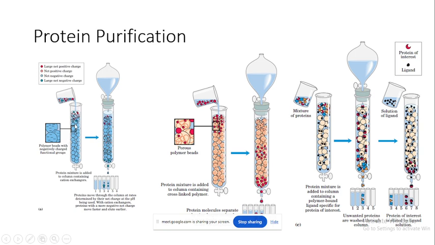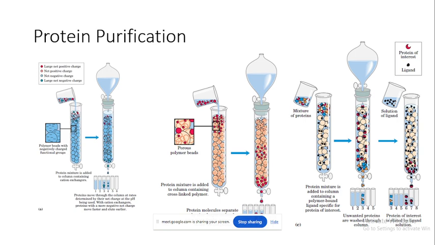What will happen for the negative charge protein when you pour it? If your stationary phase is negative and you are loading the negative charge protein, can they interact?